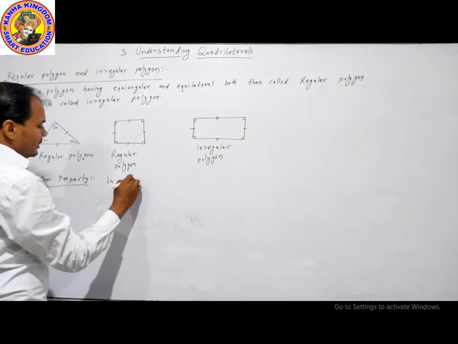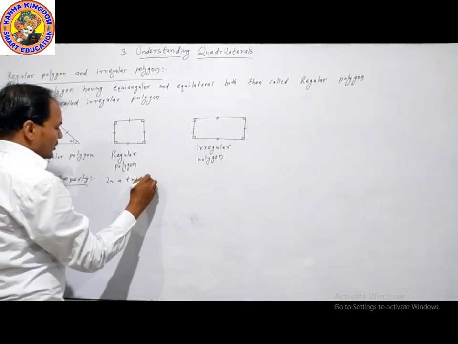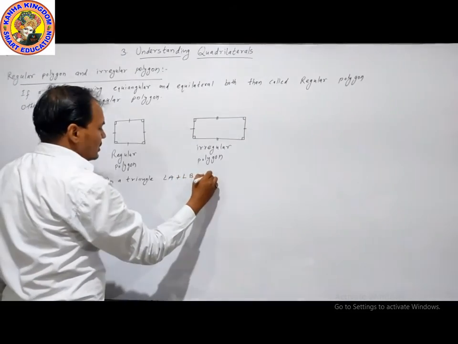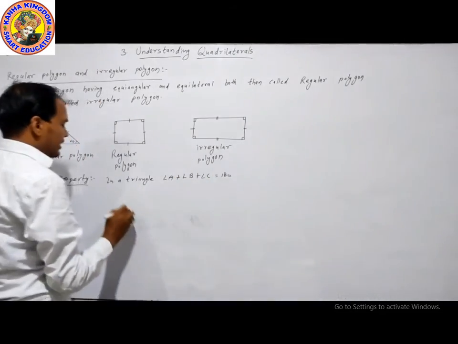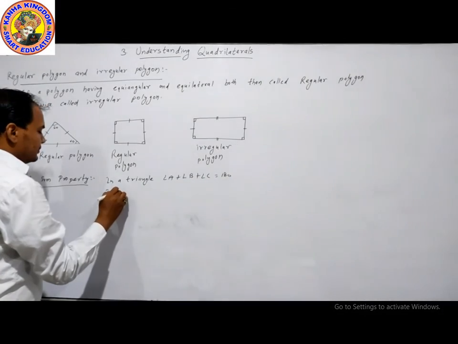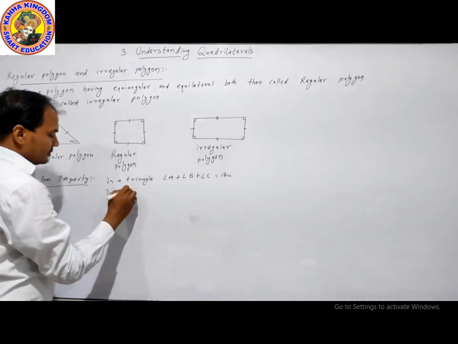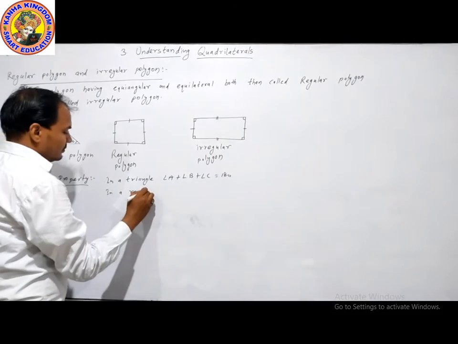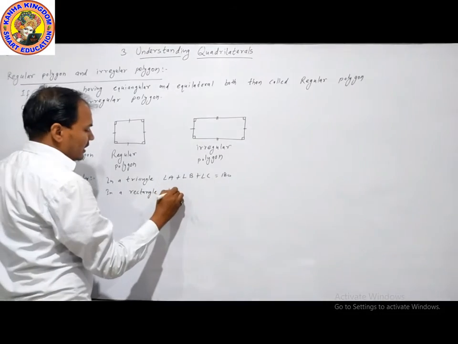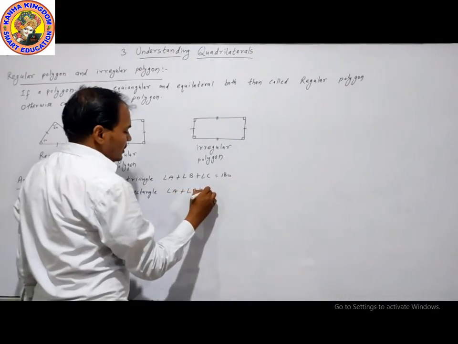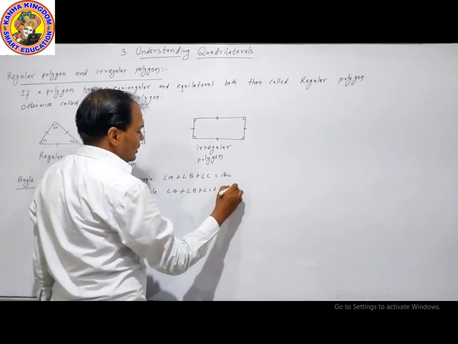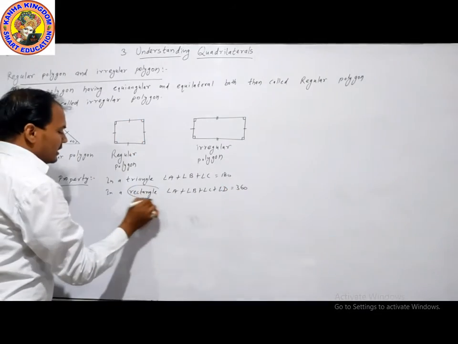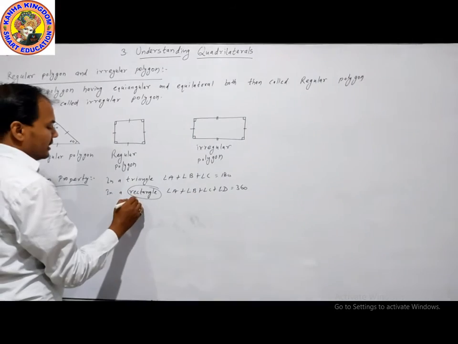In a triangle, angle A plus B plus C is equal to 180 degrees. In a rectangle, angle A, B, C, D is equal to 360 degrees. A rectangle is also called a quadrilateral.